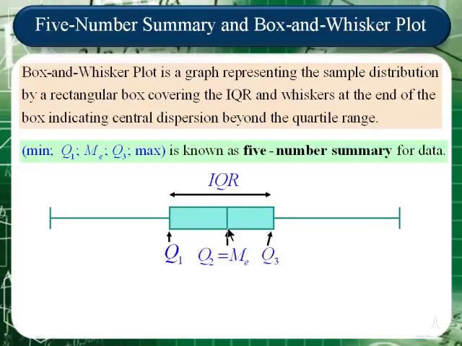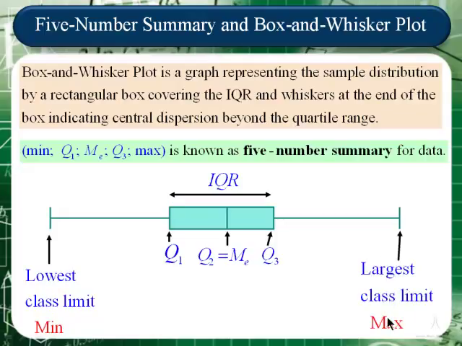We also need to indicate the median or Q2, as well as the lowest class limit or the minimum, and the largest class limit or the maximum. And these 2 lines that we draw here from Q1 to the minimum value and from Q3 to the maximum are known as the whiskers. So this gives us a clear indication of the spread of the data.